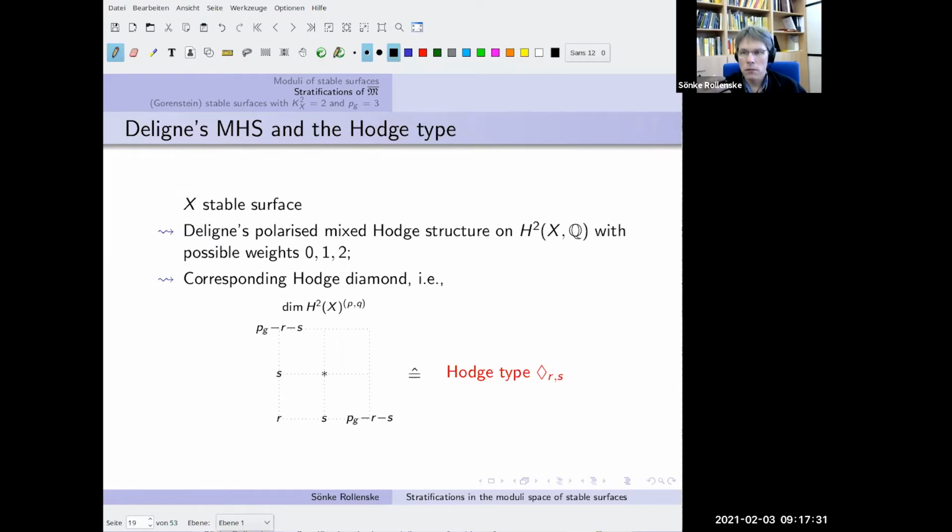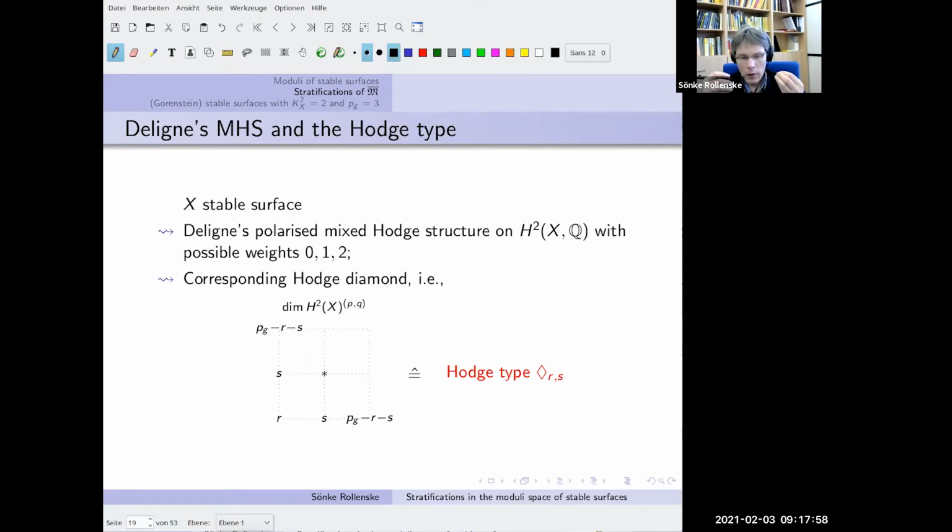And for this Hodge type, I just remember their dimensions. So I just remember the R, which is the dimension of the bit of weight 0, and the S, which is the dimension of the bit of weight 1, or 2S, and that's my Hodge type.